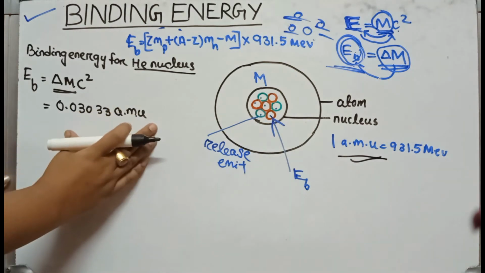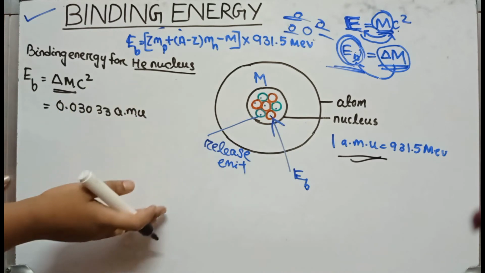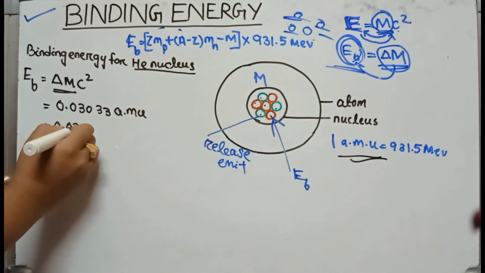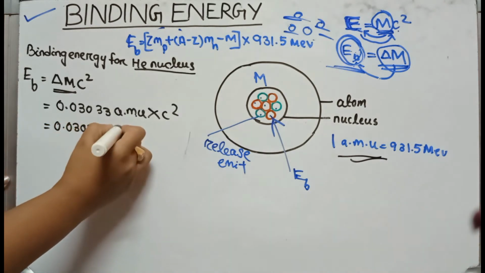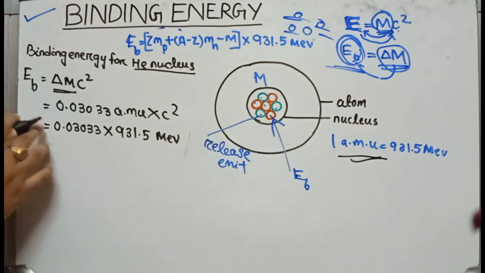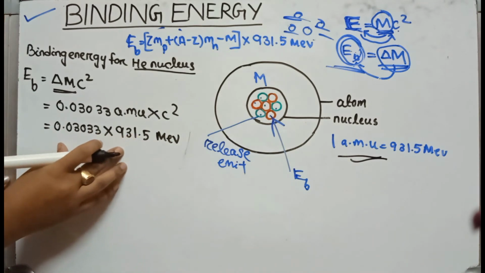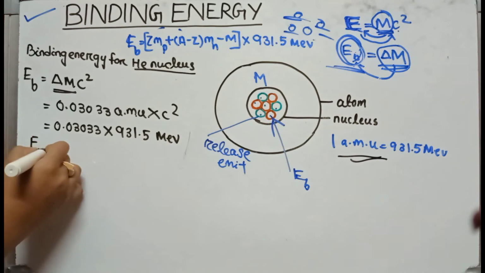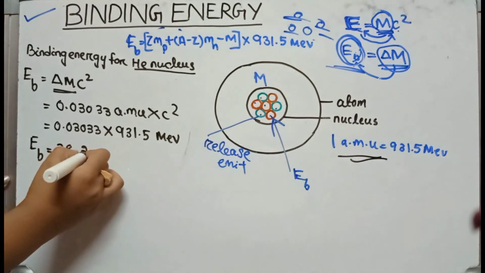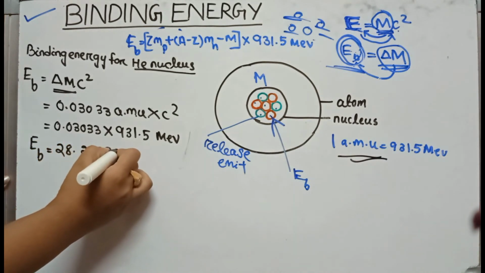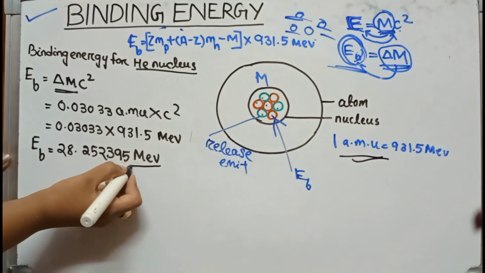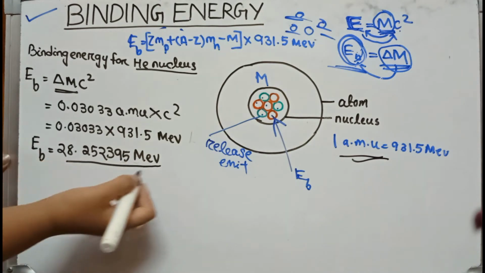So this much AMU is equal to how much mega electron volt? You simply multiply 0.03033 into 931.5 mega electron volt. Then as we multiply these two, we get 28.252395 mega electron volt. This is the binding energy for the helium nucleus.